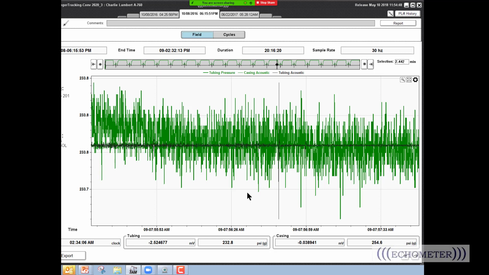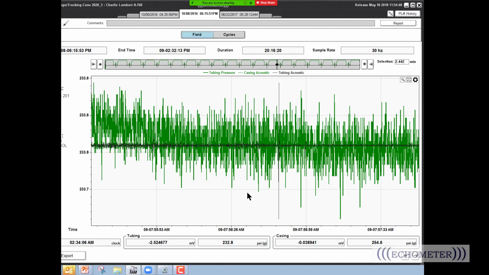Can we use Echometer to find out if a gas lift injection valve is doing multi-point injection? We have packers, and we can shoot from manuals. We can find valves that are leaking, but we probably can't find the valves that are doing multi-point injection.